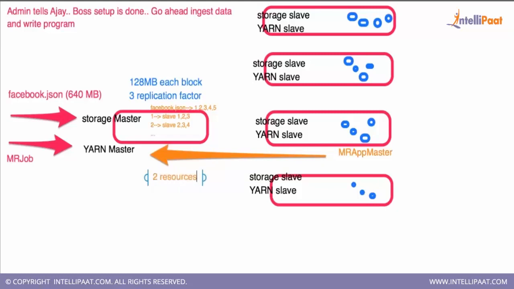Give me 2 resources on slave 1, 1 resource on slave 2, 1 resource on slave 3, and 1 resource on slave 4. Why? Because data locality is important.